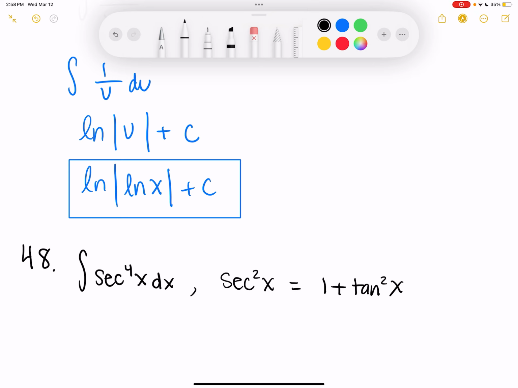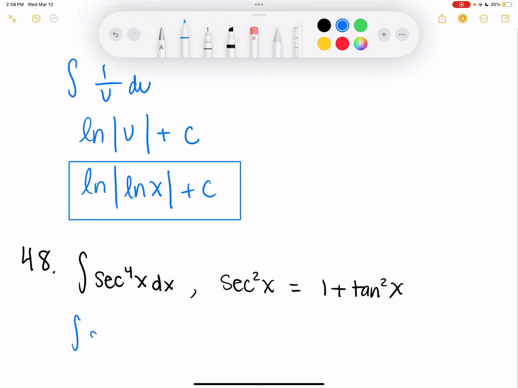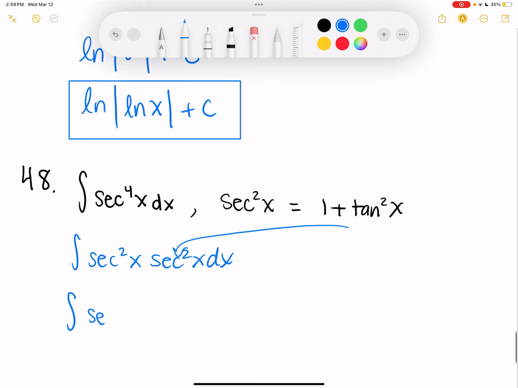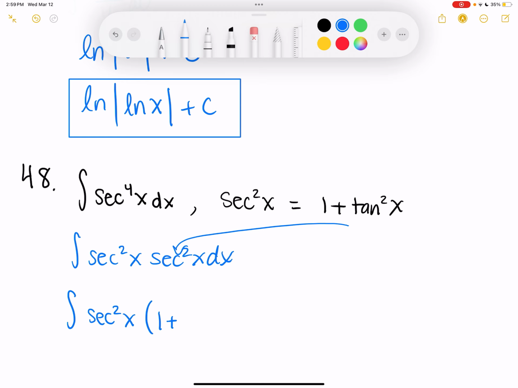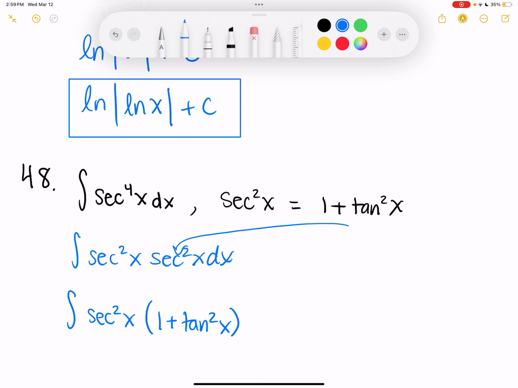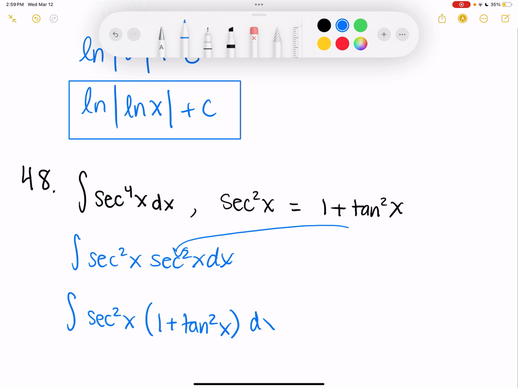So I'm going to rewrite secant to the 4th of x as secant squared of x times secant squared of x dx. And then I'm going to plug this in for one of them. So I'm going to have the integral of secant squared of x times 1 plus tangent squared of x dx.